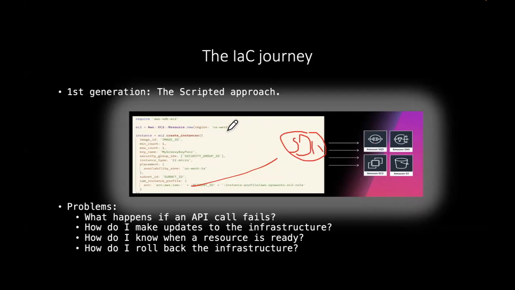So really, this approach only works if you only want to create a set of resources and you never want to change them again. And that's very rare. But it was the first attempt anyway at this infrastructure as code. So this Python script, the purpose of it is to create infrastructure resources on the AWS cloud in an automated way.